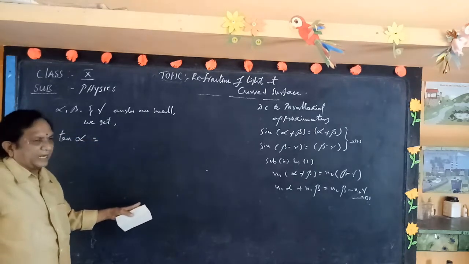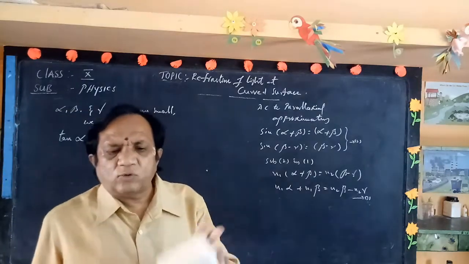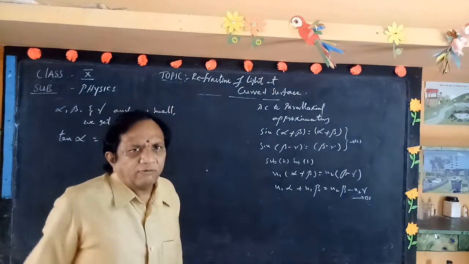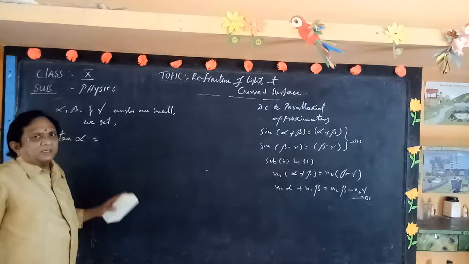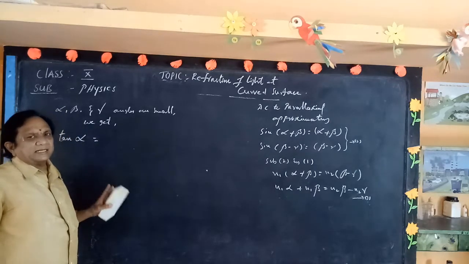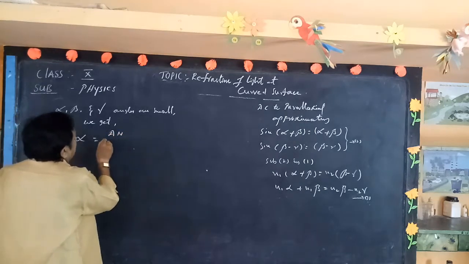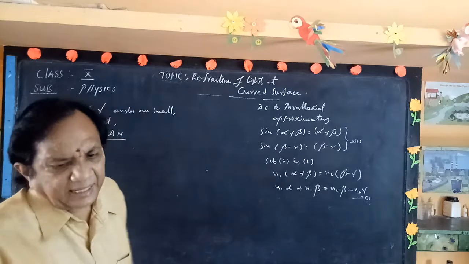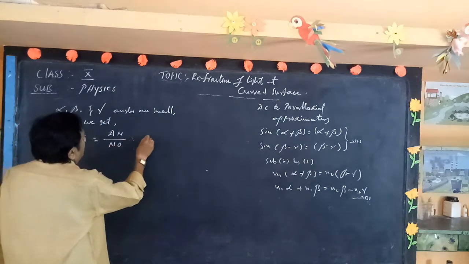I draw the diagram to observe the triangle where alpha will be. In the diagram, observe alpha. What is the tan formula? Opposite side by adjacent side. Opposite side is AN and adjacent side is NO. AN by NO is equal to alpha.